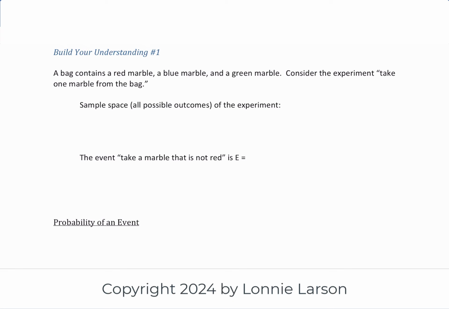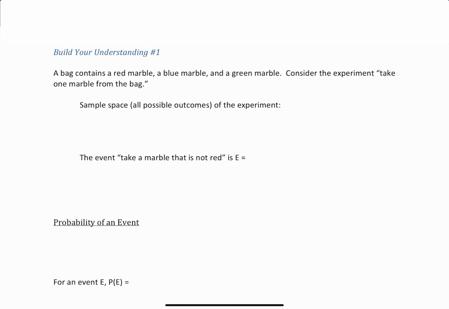Let's see how this build your understanding problem went. We've got a bag containing one red marble, one blue, and one green marble, and we're going to consider the experiment: take one marble from the bag. The sample space, and I hope you remembered to label that S and put the curly brackets around it, is red, blue, and green.